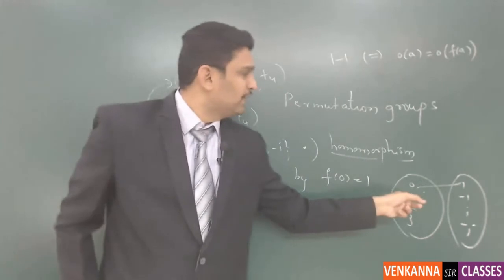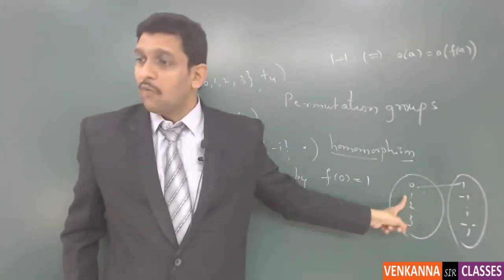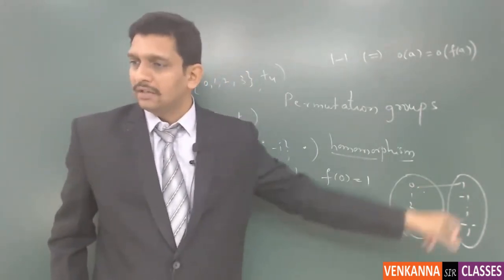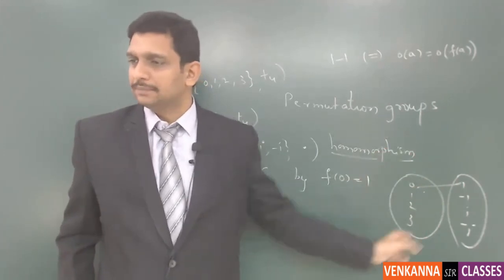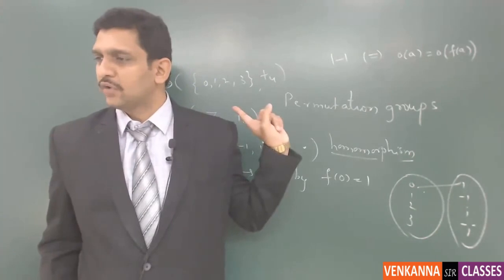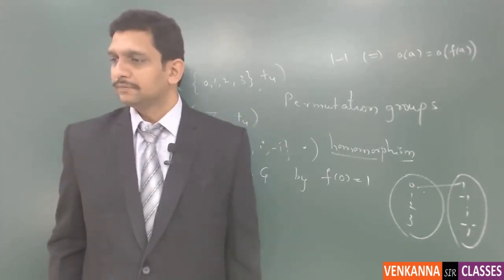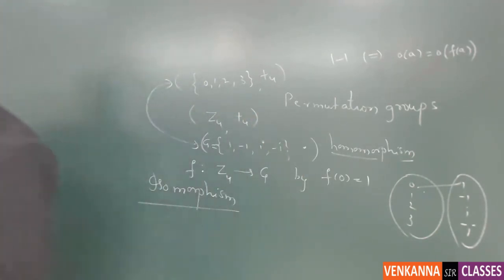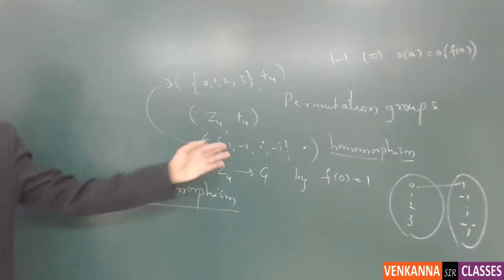So here we have 1. What is the order of 1 in the domain with respect to the operation here? Here the operation is +4 if you consider. What is the order of 1 on the left hand side?